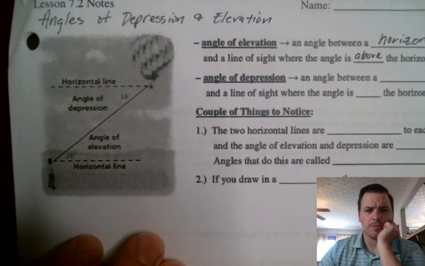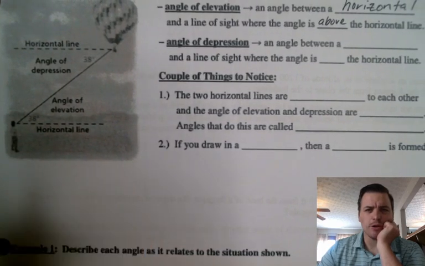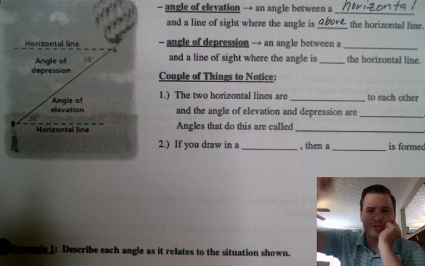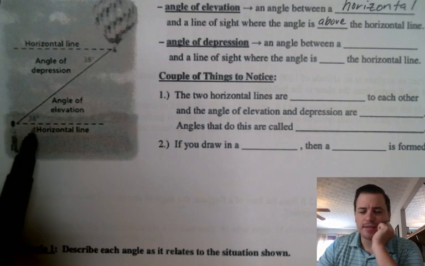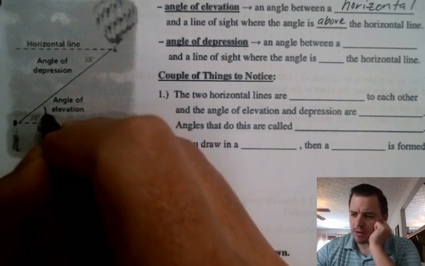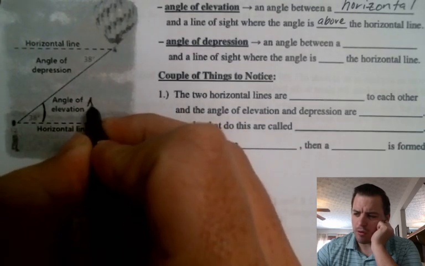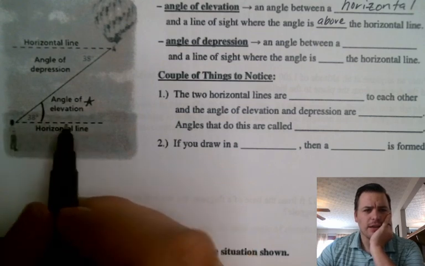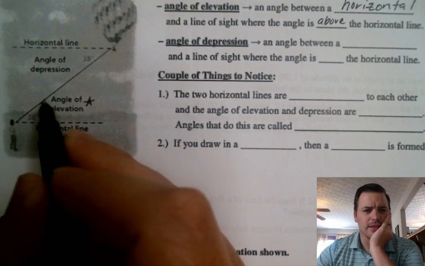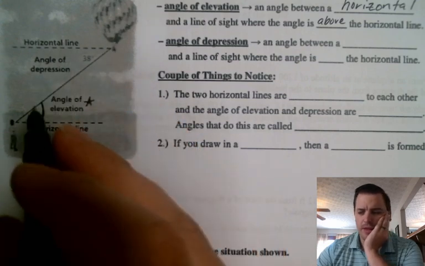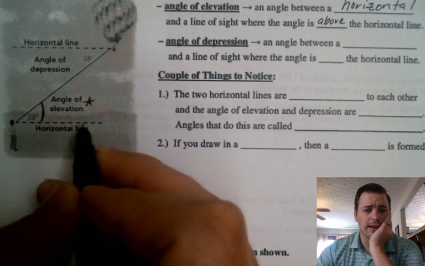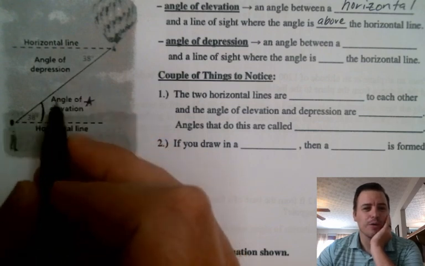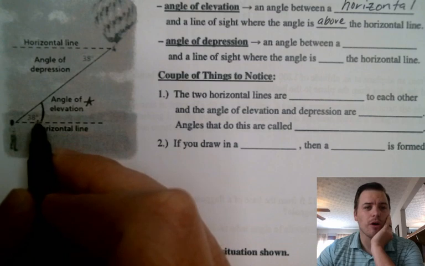So this angle right here is what we call the angle of elevation. We have a horizontal line and we have the sight, looking up at the air balloon. The angle formed from the horizontal line and the line of sight would be what we know as the angle of elevation.